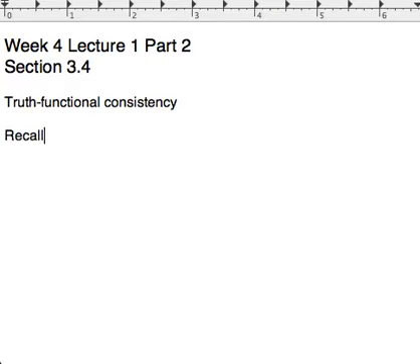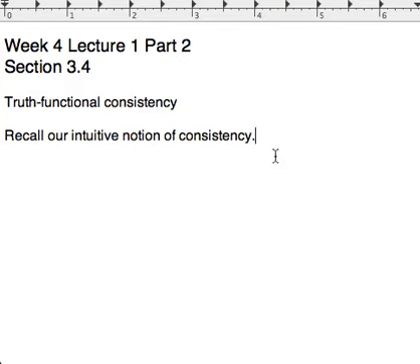So recall our intuitive notion of consistency. Remember what we said: a set of sentences, a collection of sentences, is consistent if and only if each of the sentences can be true at the same time.